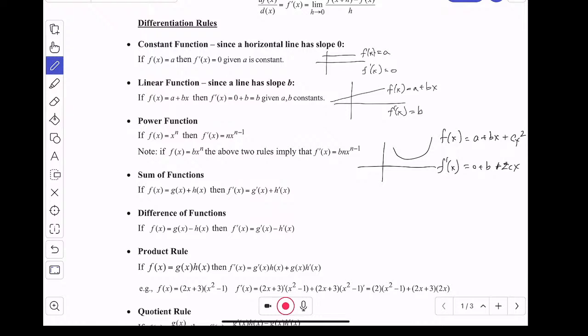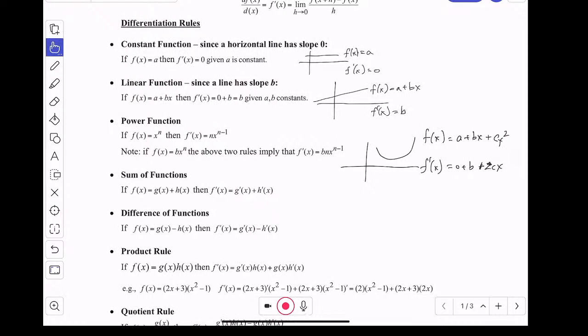You see, what happened is that I lose this square power. It comes in front, so the power reduces. So it turns the function that is a curve, its derivative becomes a line. So this is a line.